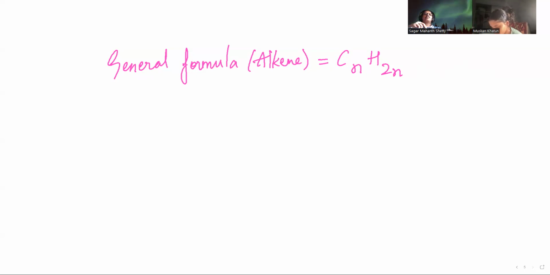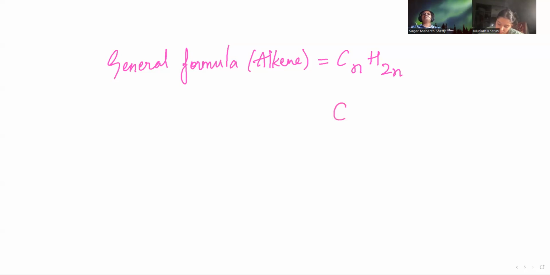And here, what can we say now? Alkenes are unsaturated hydrocarbons, because they have fewer than the maximum number of hydrogen atoms per carbon. It's all in the formula.